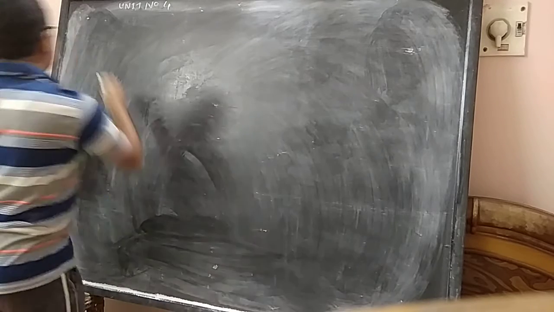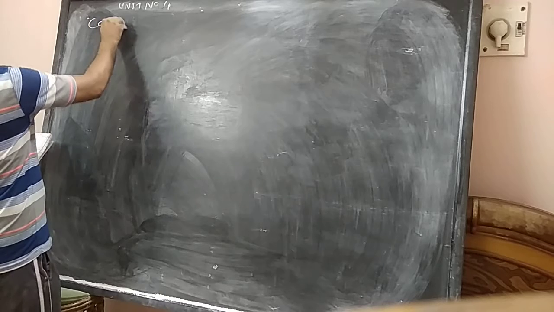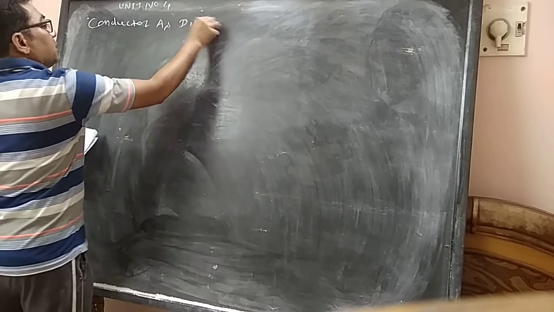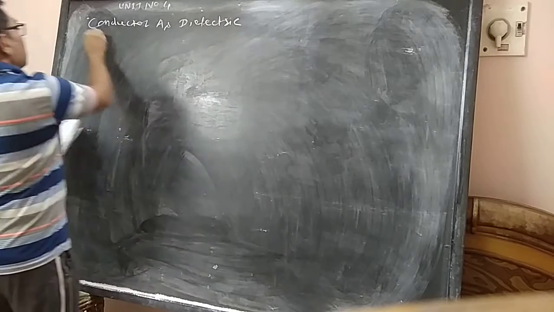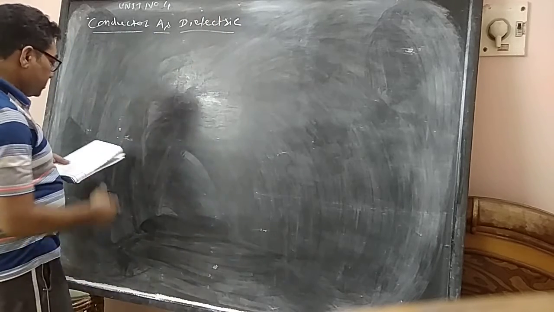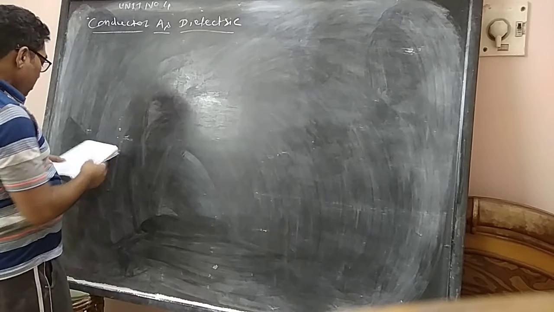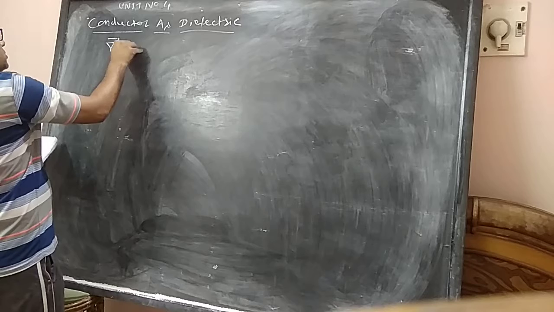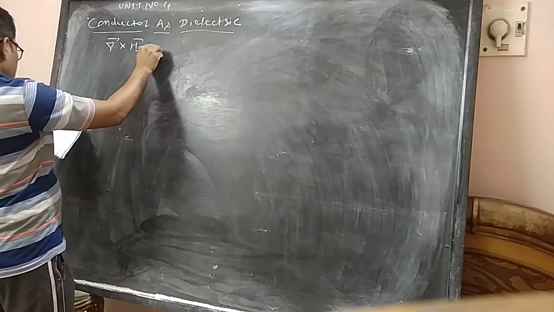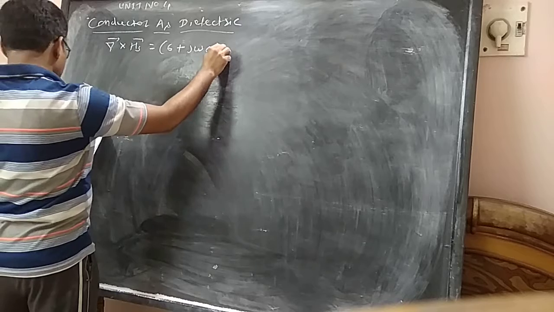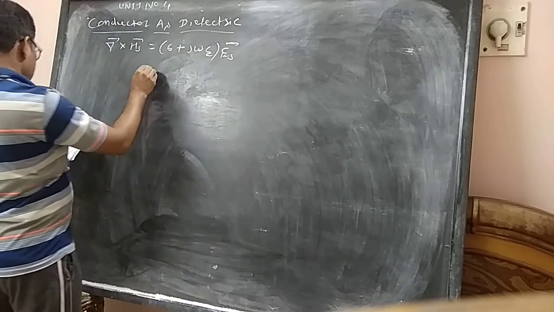So the next topic is conductor as a dielectric. Now Maxwell's first equation in phasor form for a general conducting medium is given by curl of Hs equal to sigma plus j omega epsilon into Es vector.